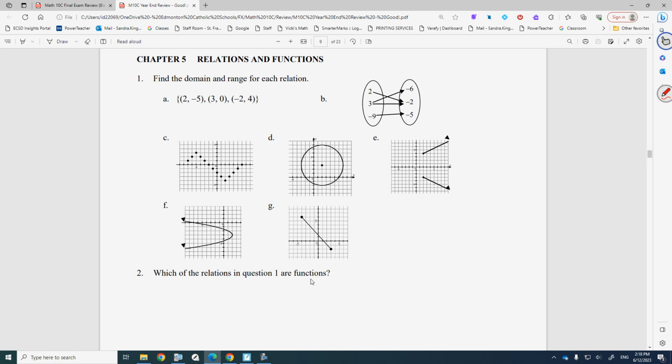You could do the domain and range of D, G, and F. So domain and range of those. Circle number 2. Answer which of these from A to G would be functions. Okay, so D, F, G for domain and range. Answer which of the following are functions.